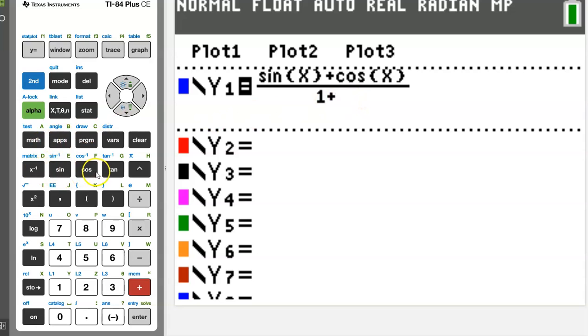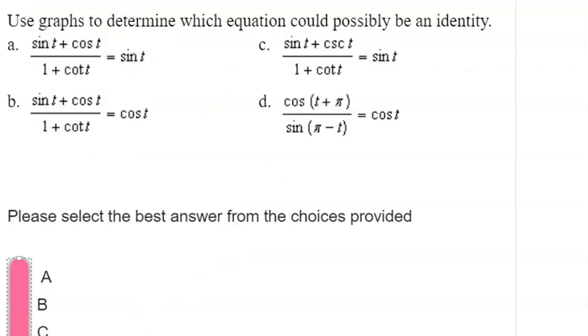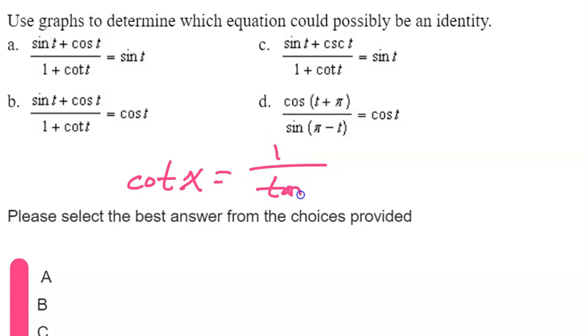But of course there is no cotangent button. So you need to remember that cotangent is just the reciprocal of tangent. Okay, so cotangent of x is 1 over tangent x.